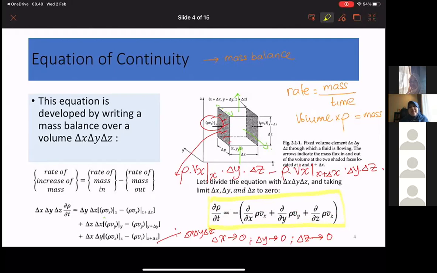So what happens if the density is not changing? What happens if the density is constant? We know the value of density, but the density is constant. So if the density is constant, then this one equals 0.